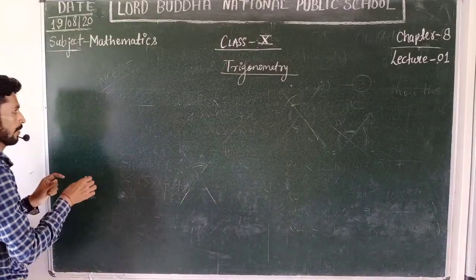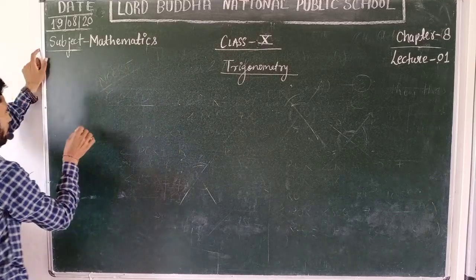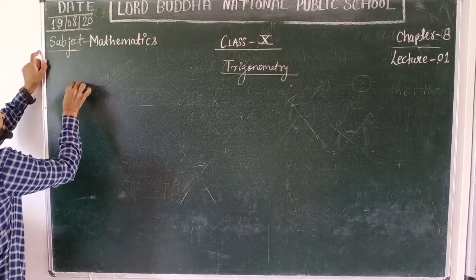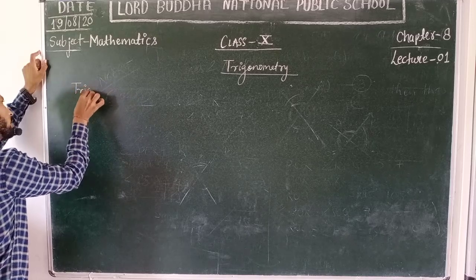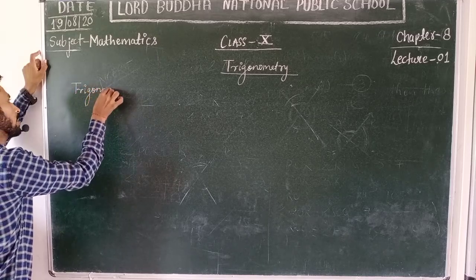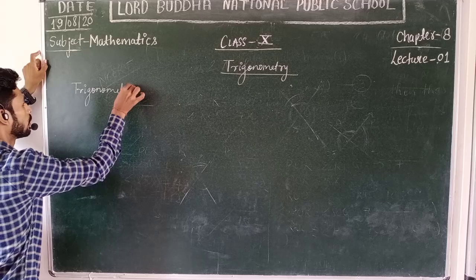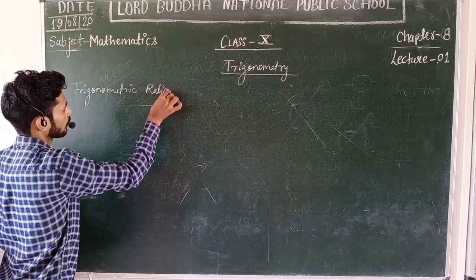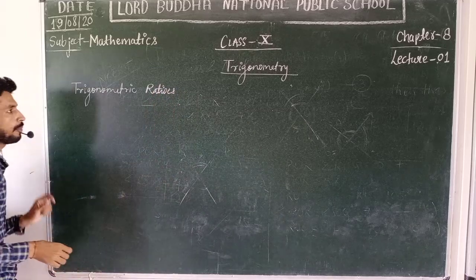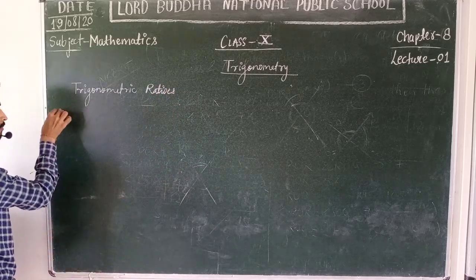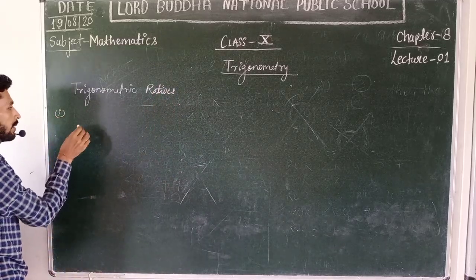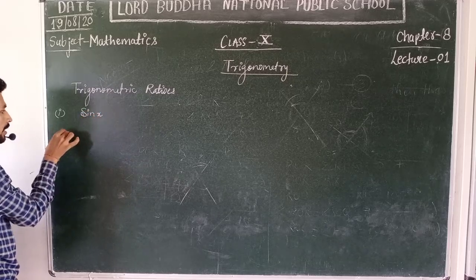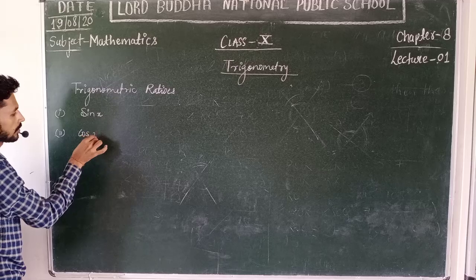So first, suppose that we are going to start the trigonometric ratios. First I am writing here trigonometric ratios. What are trigonometric ratios? There are 6 types of trigonometric ratios. First, sin x. Second, cos x.